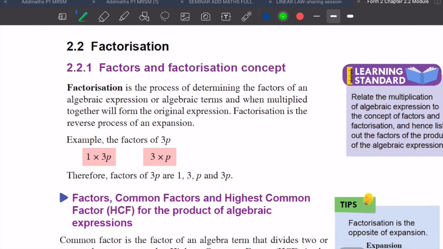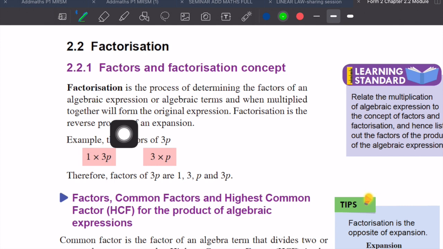So what is factorization? Factorization is the process of determining the factors of an algebraic expression or algebraic terms, which when multiplied together will form the original expression. Factorization is the reverse process of an expansion.